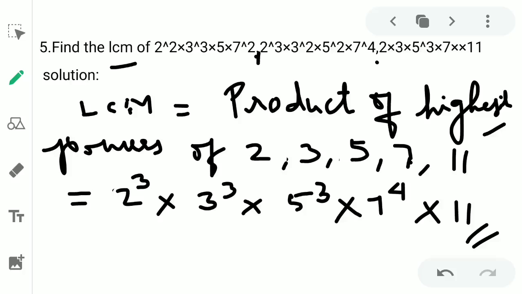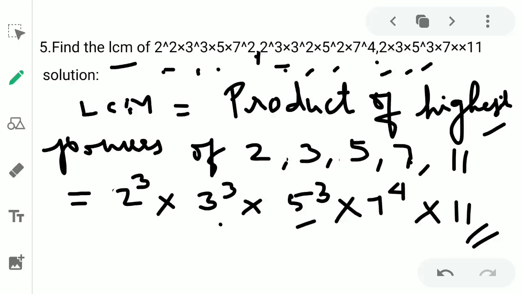So in this, the product of 2, 3, 5, 7, 11 is: here 2 square we have, here 2 cube we have, here only 2. So which is the highest term? 2 cube. And 3: here 3 cube, here 3 square, here only 3. So I have 3 cube, it is the highest term. 5: here we have only 5, here 5 square, here 5 cube.